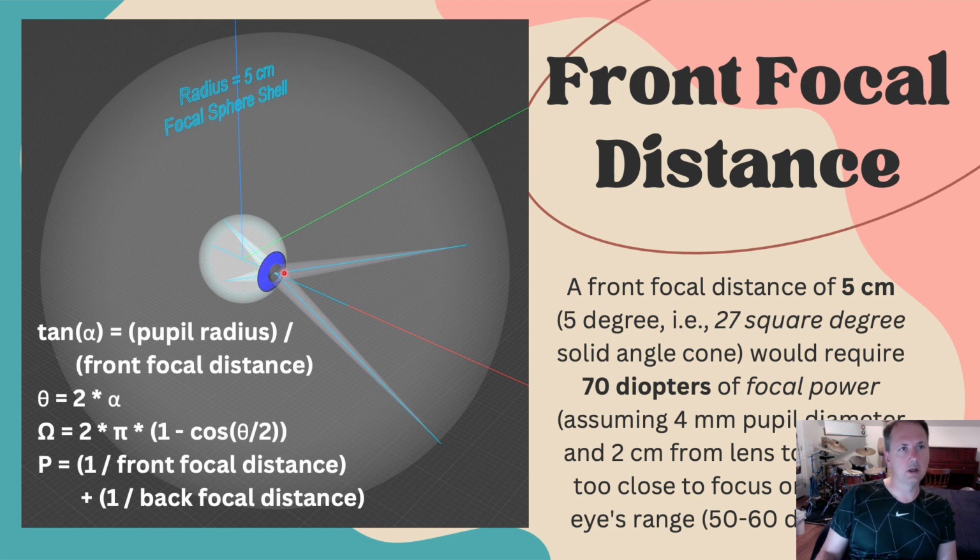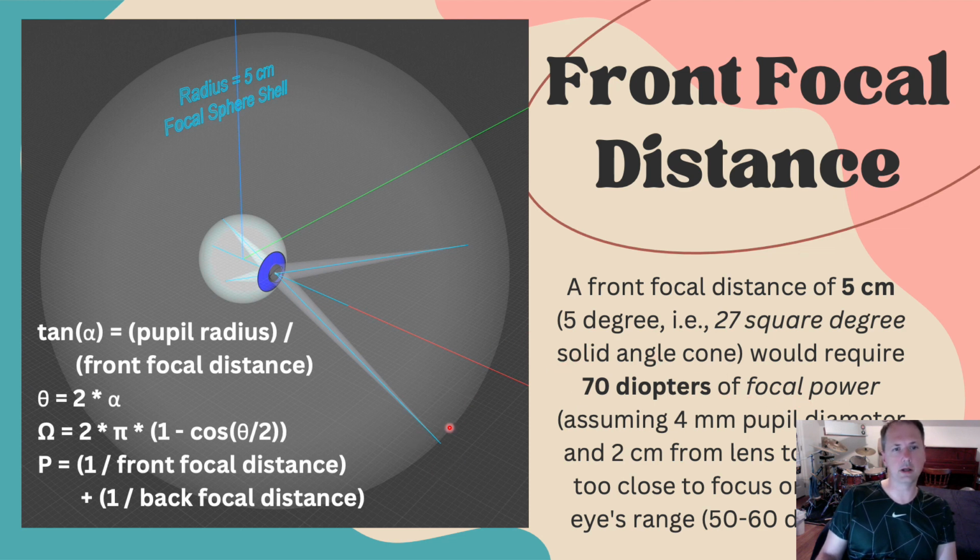So here, 5 centimeters, we need to express it in meters, so 1 over 0.05 plus the back distance. Let's assume this is 2 centimeters, so 1 over 0.02 meters would give us 70 diopters of focal power needed.